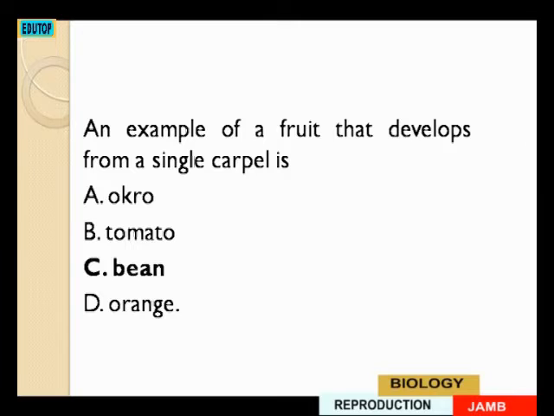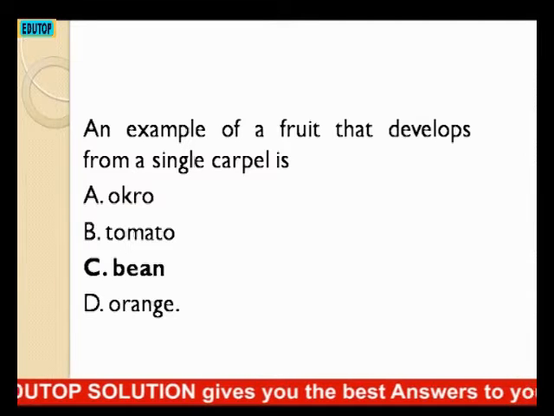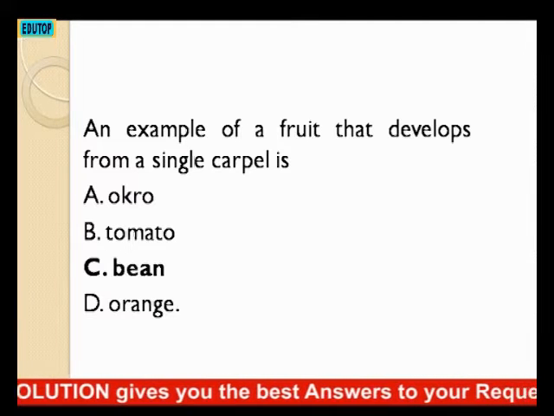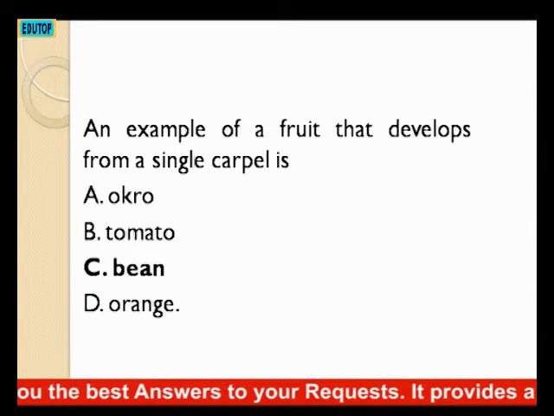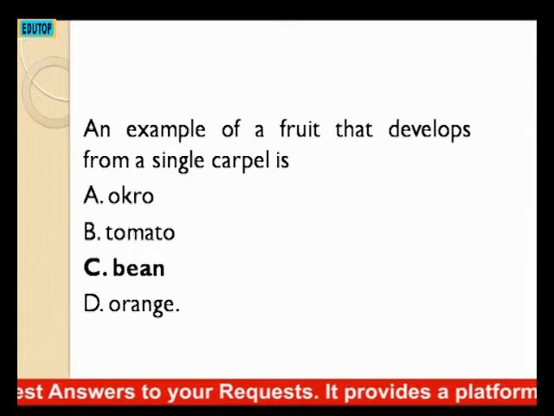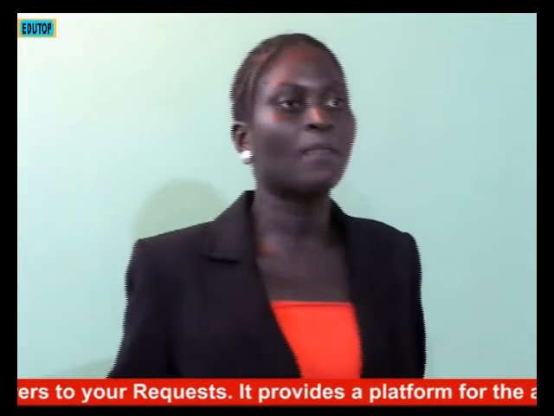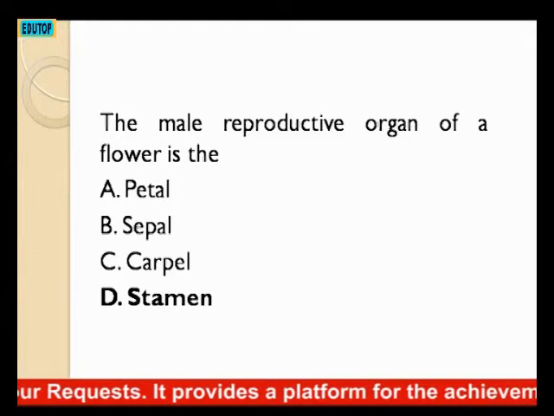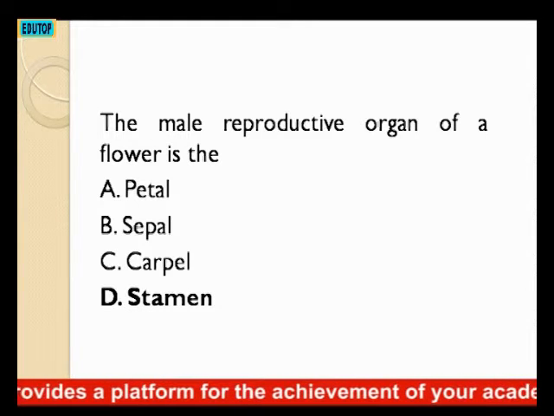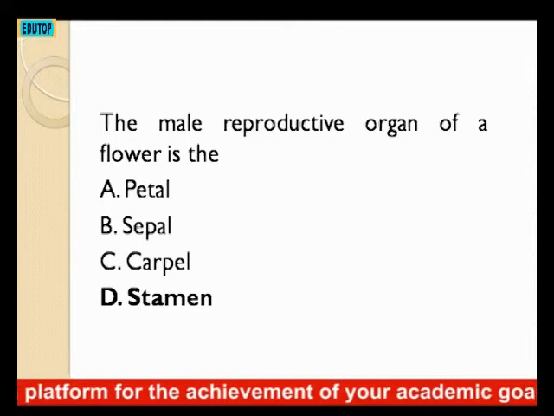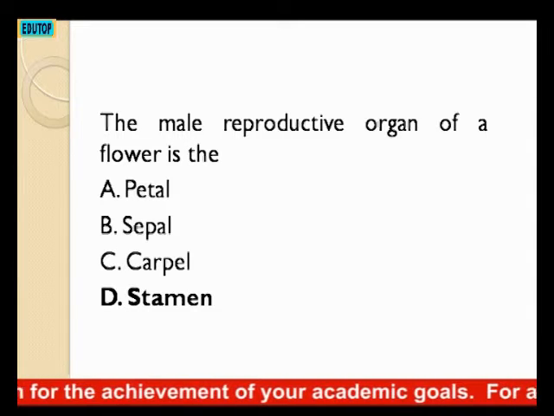The next question says, an example of a fruit that develops from a single carpel is A, okra, B, tomato, C, beans, D, orange. Bean is an example of a fruit that develops from a single carpel. That's option C. The next question says, the male reproductive organ of a flower is the A, petal, B, sepal, C, carpel, D, stamen.